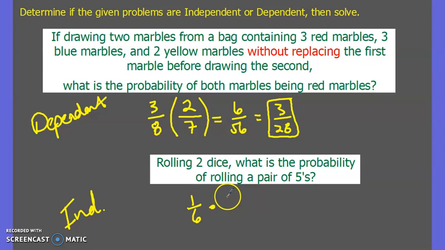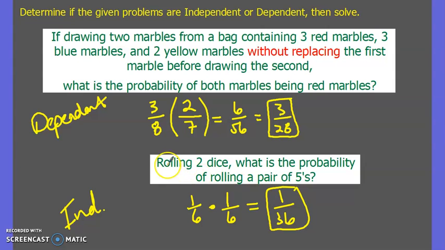And the probability of rolling the other 5, well, the second dice doesn't depend on the first one at all. So again, that becomes a 1/6. And 1/6 times 1/6, the probability of rolling a 5 and another 5 is a 1 out of 36 chance. I hope that helps you with probabilities.